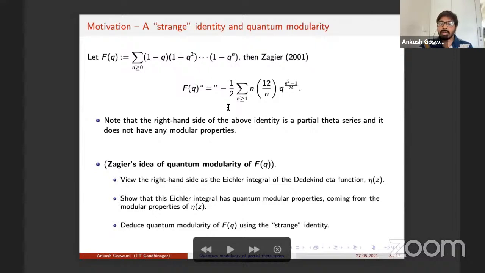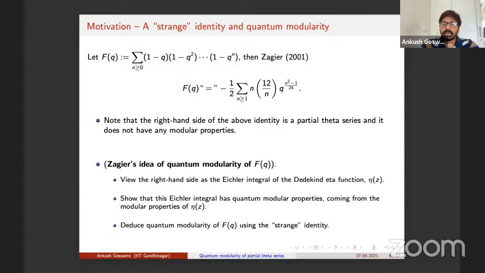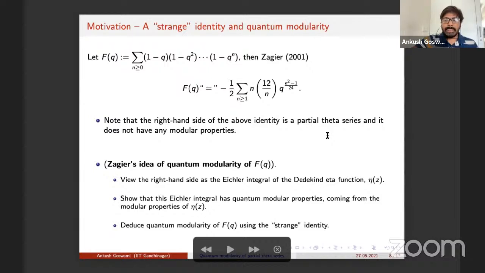So what we did in our case was to consider more general partial theta series and to study quantum modular behavior of this partial theta series, which is something that I'm going to describe very soon. But yeah, the motivation came from studying the strange identity of Zagier.